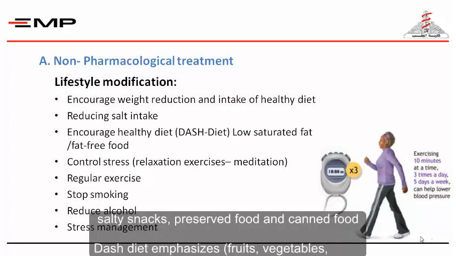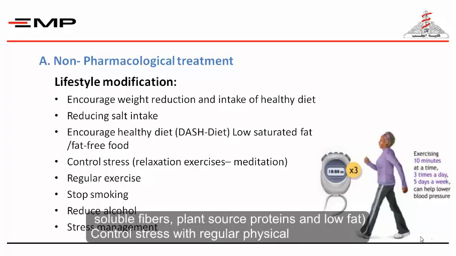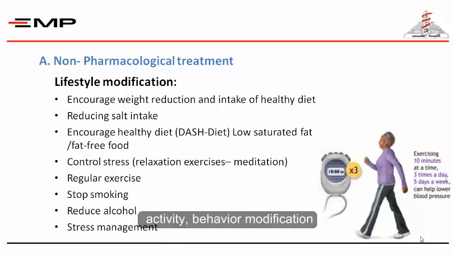It consists of low saturated fat or fat-free food. Control stress by techniques like relaxation exercises or meditation techniques. Encourage the patient to have regular exercise, to stop smoking, to reduce alcohol, and to try to do stress management.